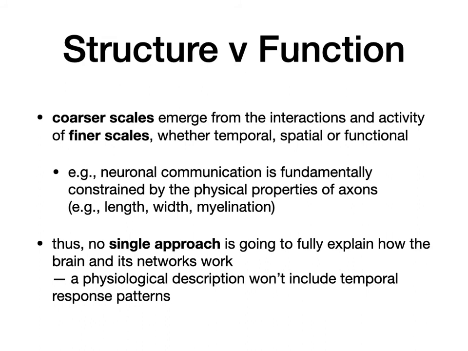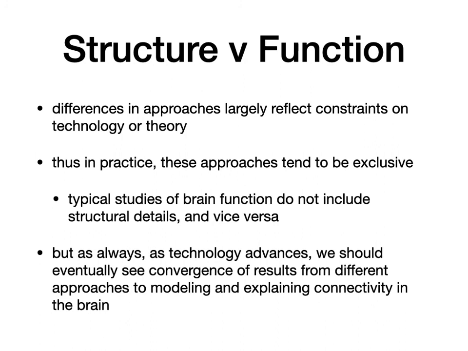So there's no single approach that is going to really capture how all of the networks of the brain work. A physiological description, say a really good high-res image of a neuron, is not going to include the temporal response patterns. Those are different approaches. And those differences of approaches reflect the constraints on the technology or the theory, right?